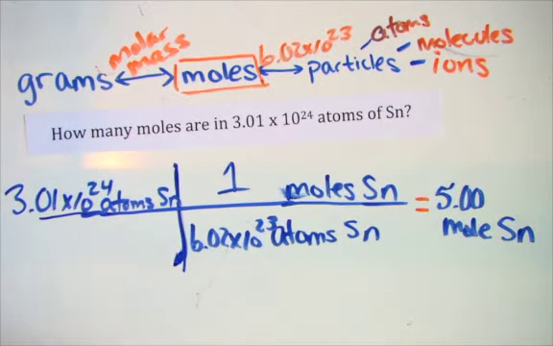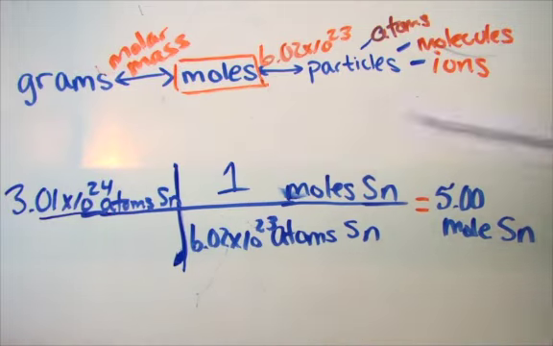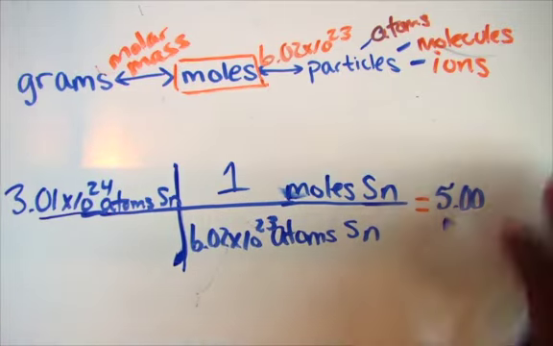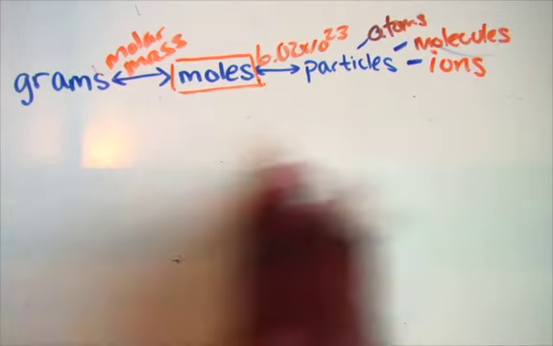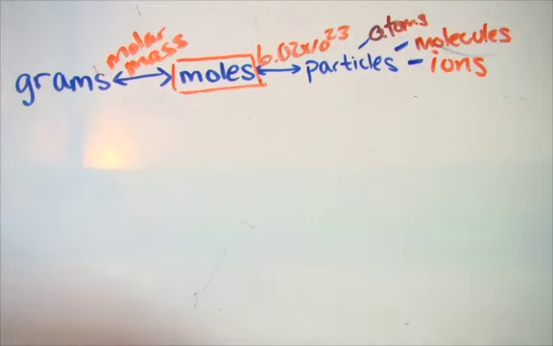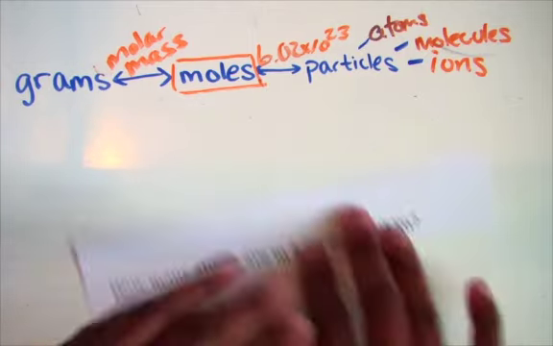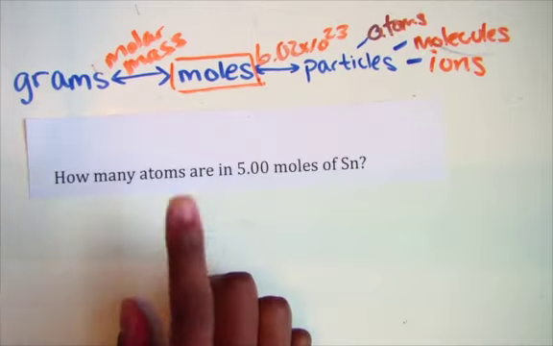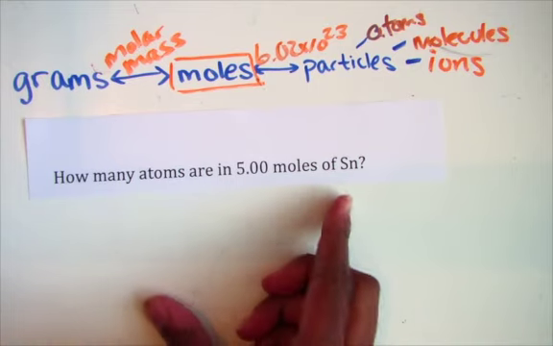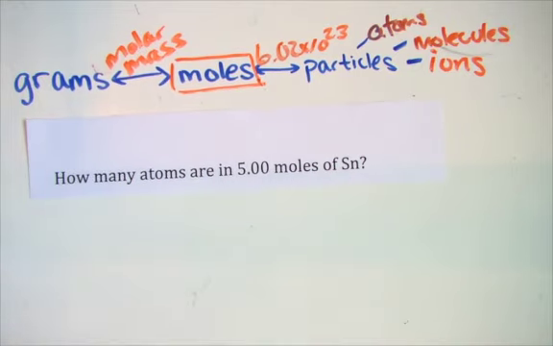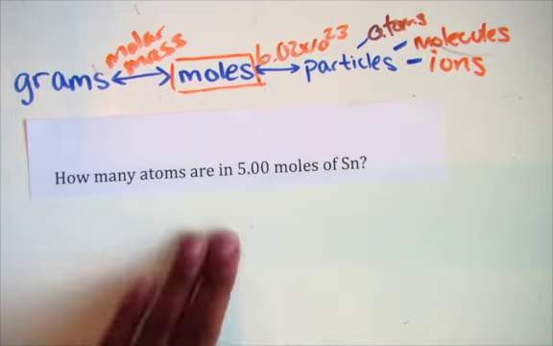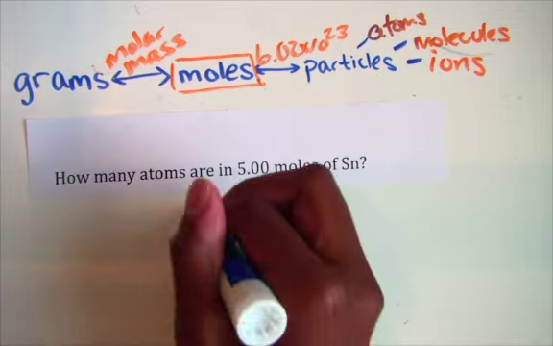So now let's go the other way. Okay, so let's do a new problem. So let me erase this. Okay, so now we have a new problem. So how many atoms are in 5.00 moles of Sn? Okay, same thing as before, and I'm sure you kind of figured out what's going to happen here.